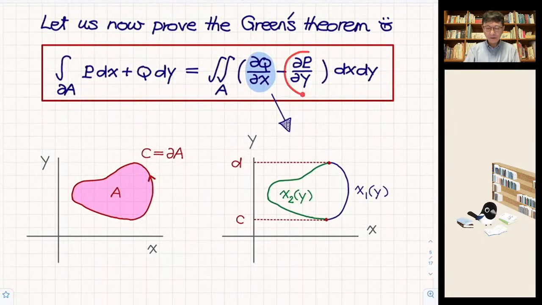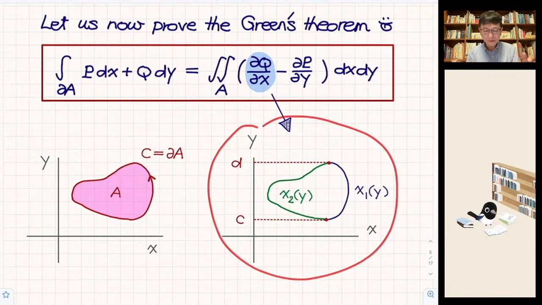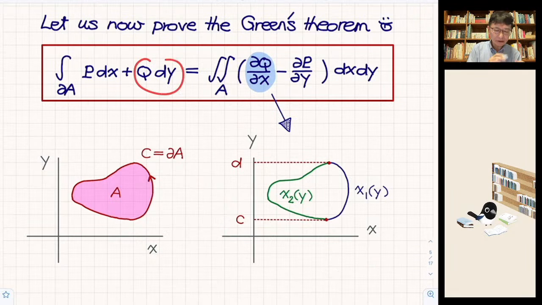So I have showed you how you can turn these terms into these terms. So not surprisingly, right now you probably know our remaining job is to change this dQ/dx into the Q dy terms.